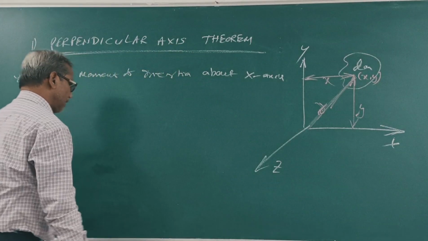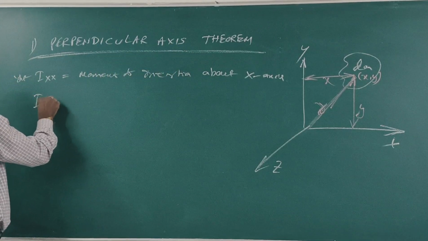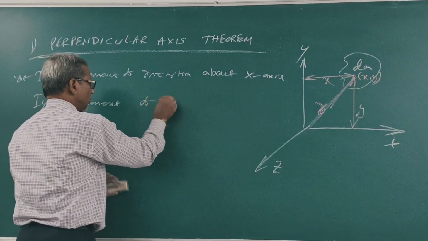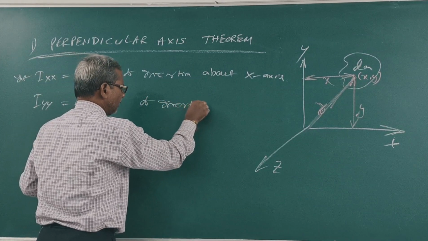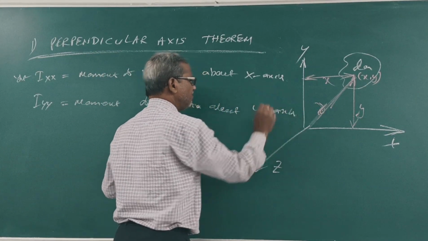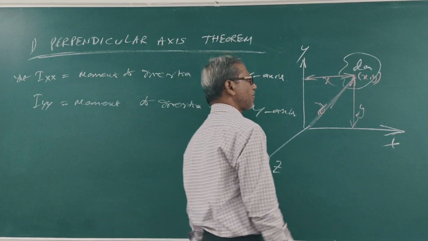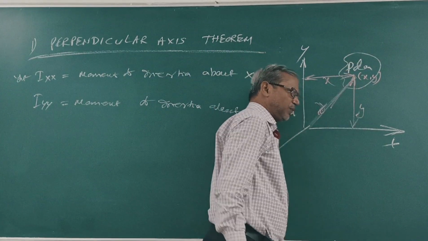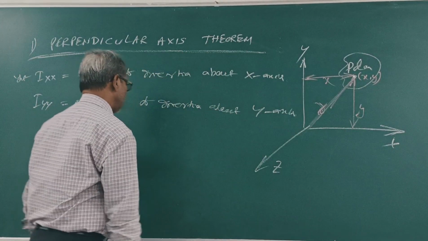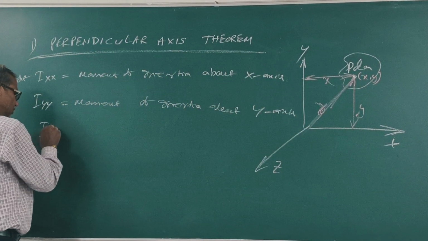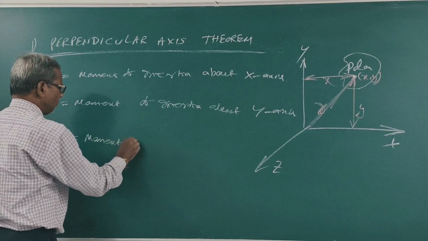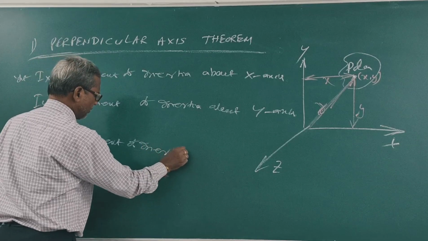Iy is equal to the moment of inertia about the y-axis. Clear? This is point P. Izz is equal to the moment of inertia about the z-axis.